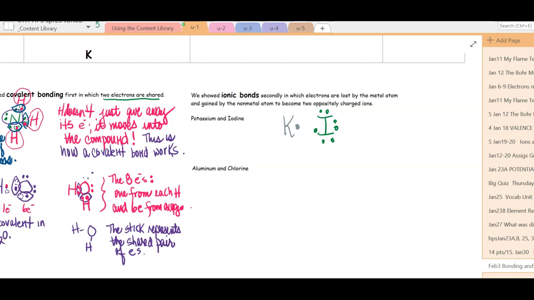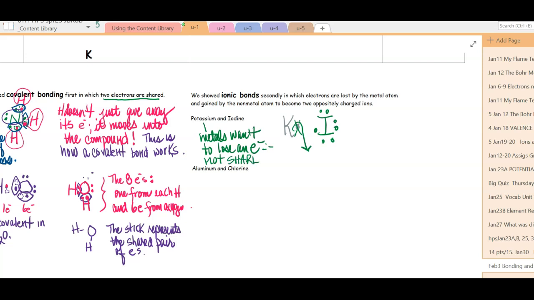Well, now we see this is a different situation because this metal wants to lose it, doesn't it? So that's what's different over here. Hydrogen didn't want to lose it. It just wanted to share it. But the metals always want to lose. Metals want to lose an electron, not share one.